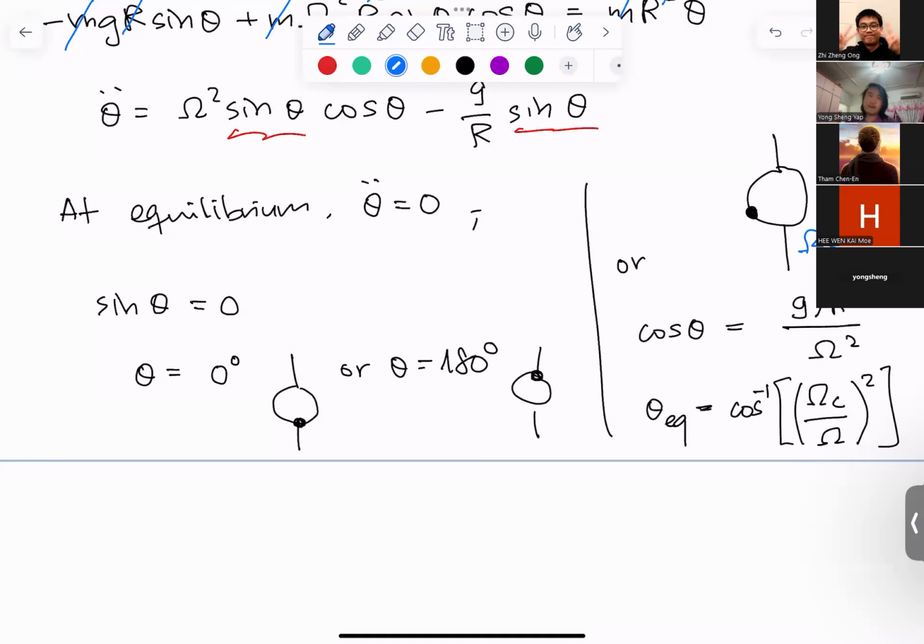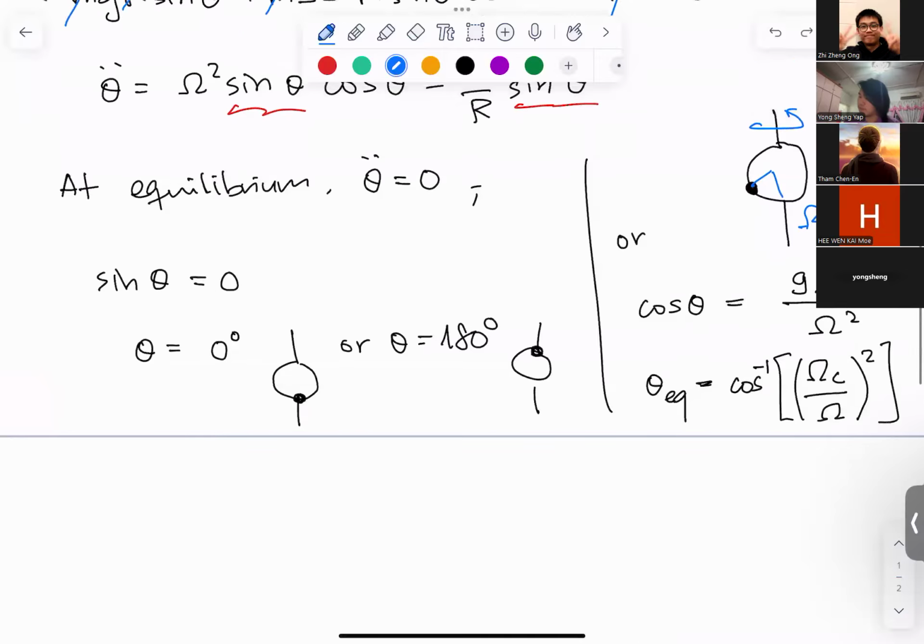So there's a critical value of the angular velocity of the loop, of how fast this loop is rotating, such that this bead can actually have enough power to just stay at some non-zero, non-trivial angle here, right? Because cosine can only be between 1 and -1, and because this is surely positive, it can only be between 0 and 1.